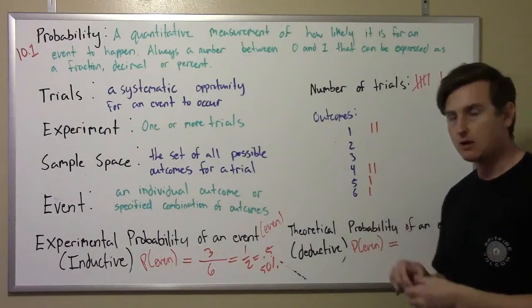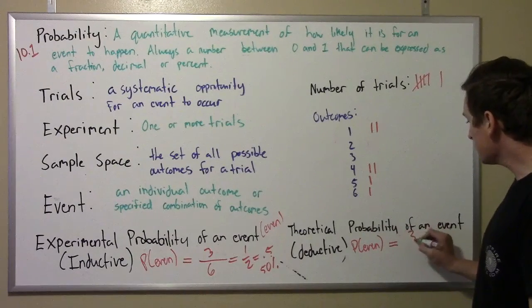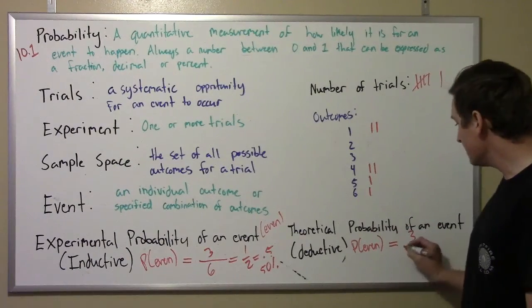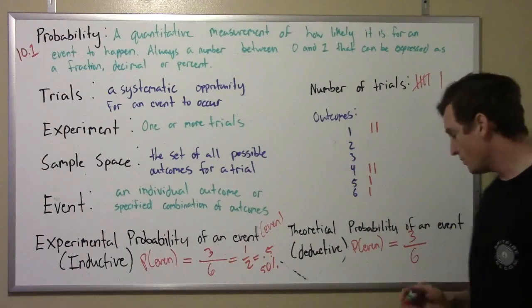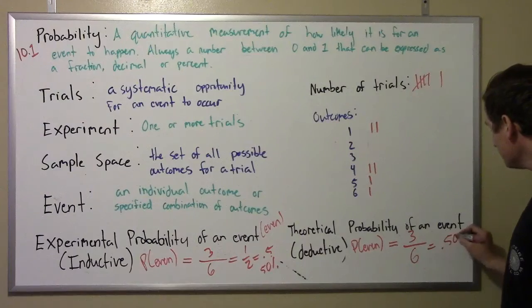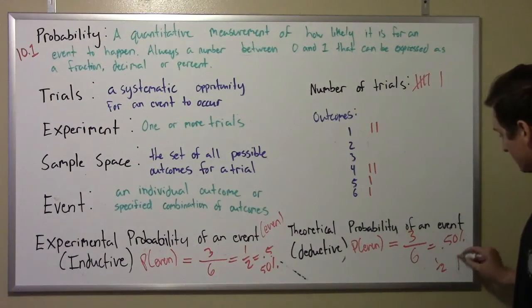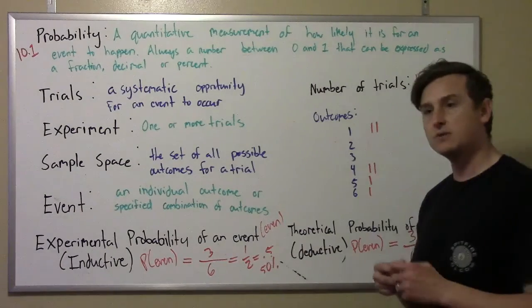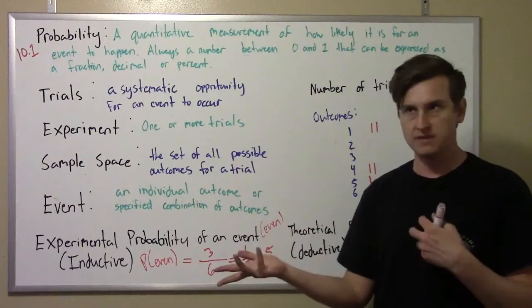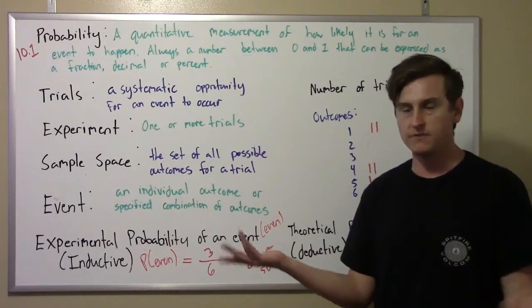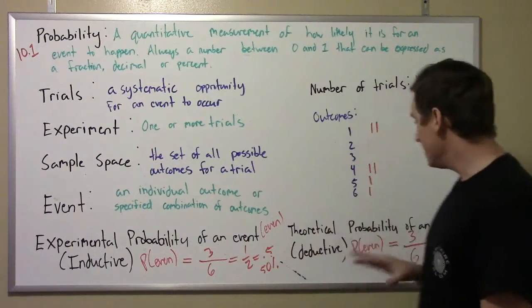Assuming these are all equally likely, there's 3 ways for me to get an even, and there's 6 possible outcomes, which again is 50% or 1/2. So this is what we expect. If I were to ask you what's the probability of rolling an even, I would expect you to say, well, there's 3 evens and 6 total, so it's a 50-50 shot.